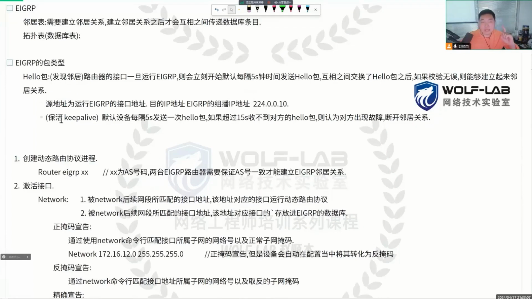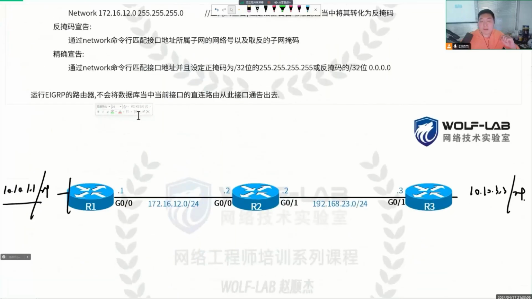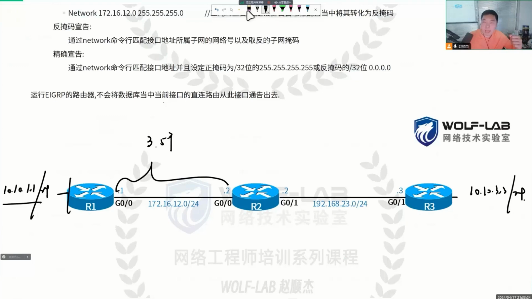Students, our hello packet has another function called keep alive. If we 2 have already established a relationship, everyone will know. If we know each other, but after 3 years, 5 years without contact, isn't the relationship faded? So after they establish the neighbor relationship, they still need to maintain it every 5 seconds, just like we get up every morning and say hello between neighbors.